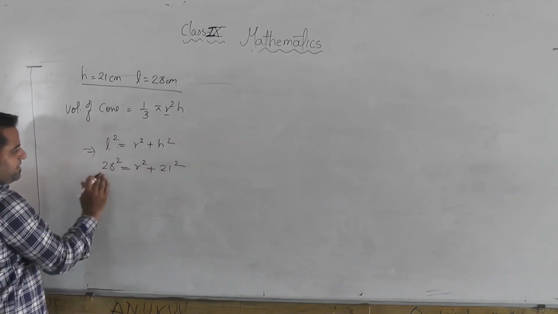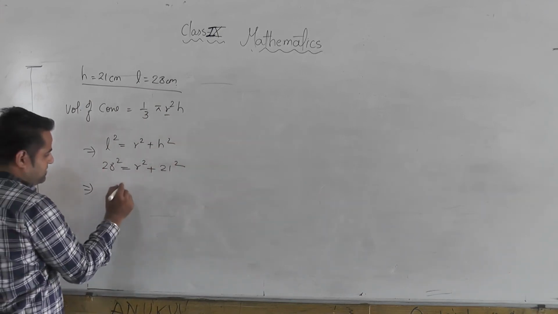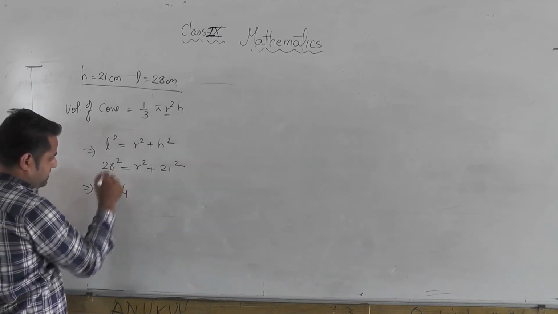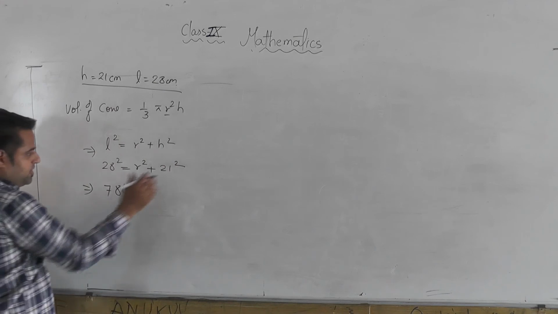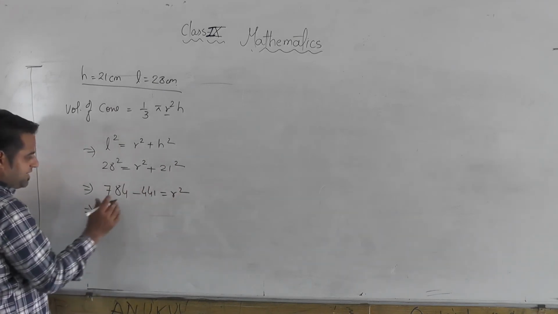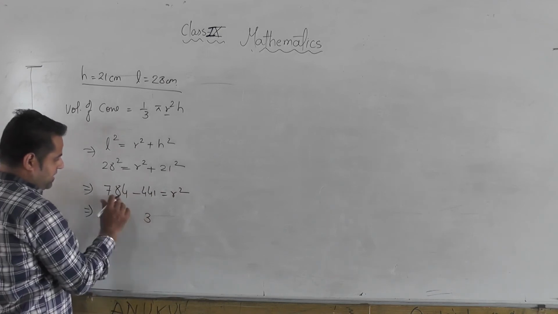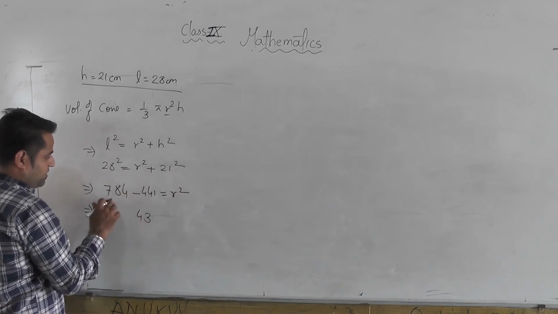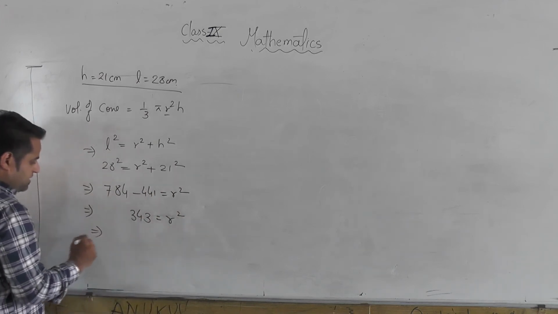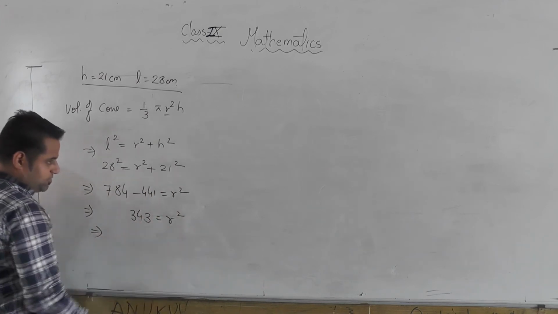Now just find the square of 28. That is 784. 21 square is 441. We just easily subtract it. 8 minus 4 is 4, and 7 minus 4 is 3. 343. Now 343 is actually 7 cube.